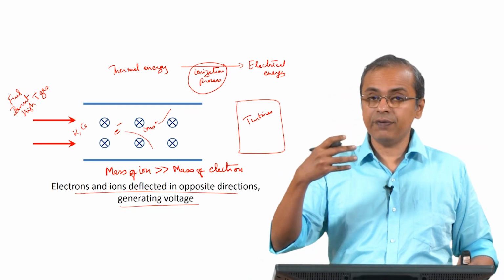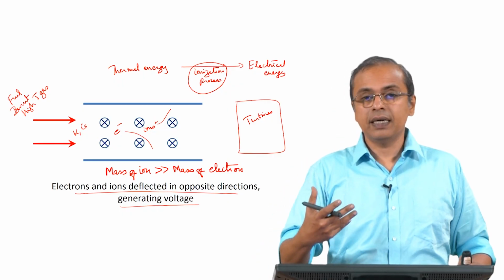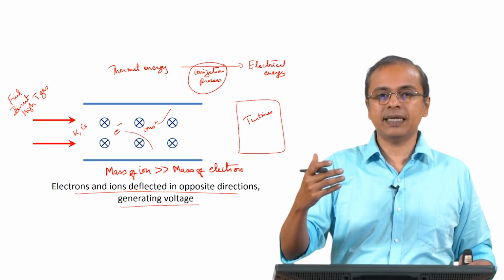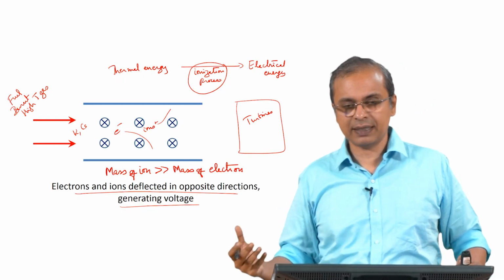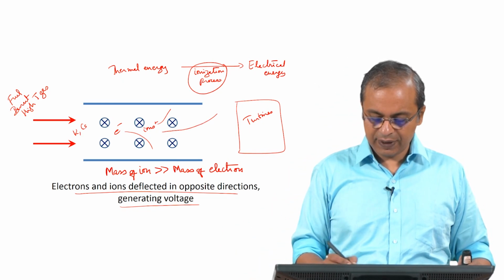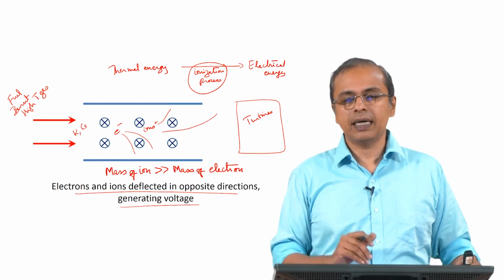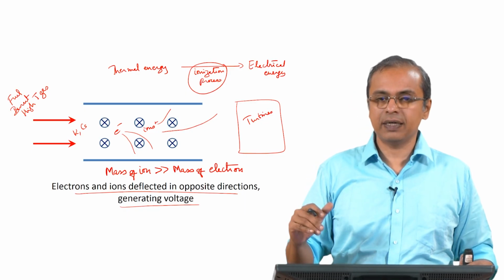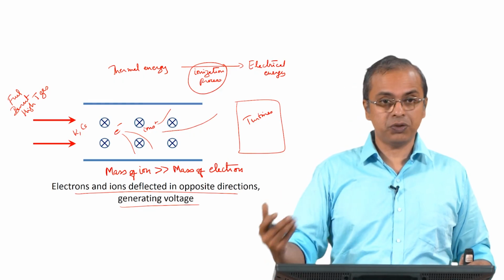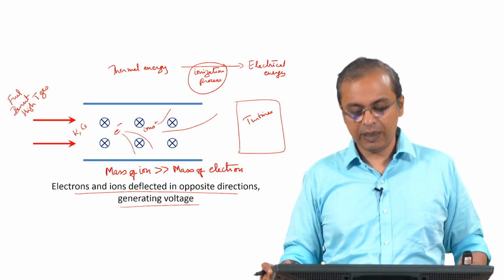So, therefore, given the same amount of magnetic field and the fact that it is all coming in the plasma together, the extent to which the ion will deflect will be a lot less than the extent to which the electron will deflect. The electron will deflect much faster, much more steeply than the ion. So, you may have the ions much more gradually deflecting, whereas the electron deflects much faster, relatively speaking. So, you may even have some of the ions leaving this region without even reaching the electrodes. So, that is a concept that you have to keep in mind.